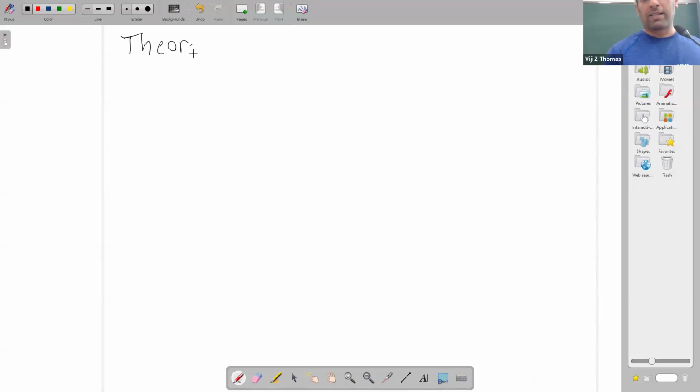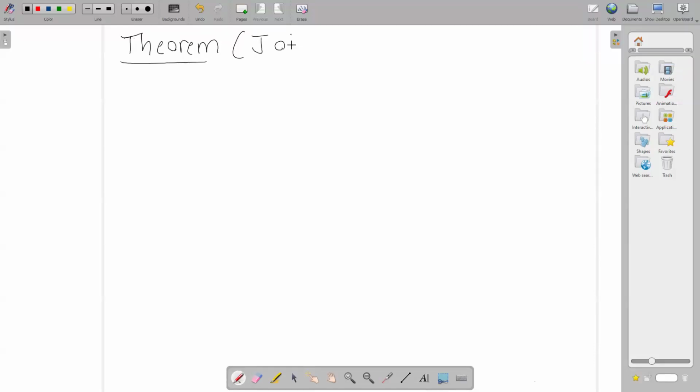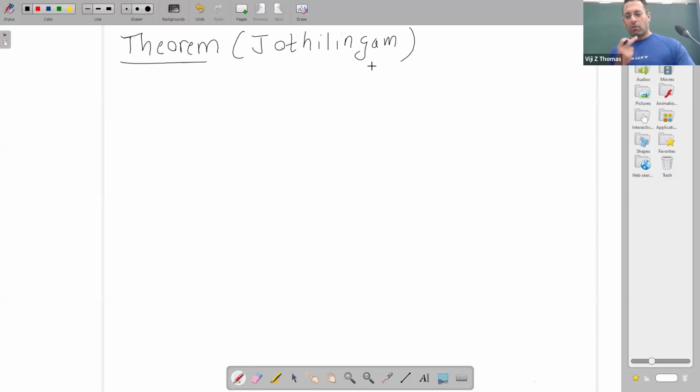Theorem. I hope you can see what I'm writing. It's a theorem of Jothilingam. The proof I give is not by Jothilingam, it's by, I forgot the name.